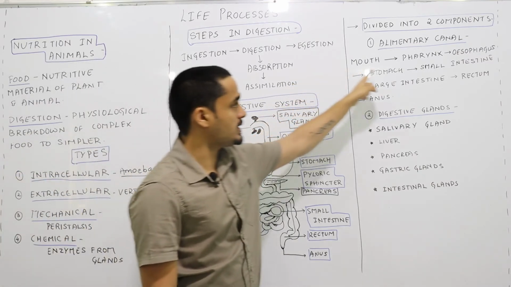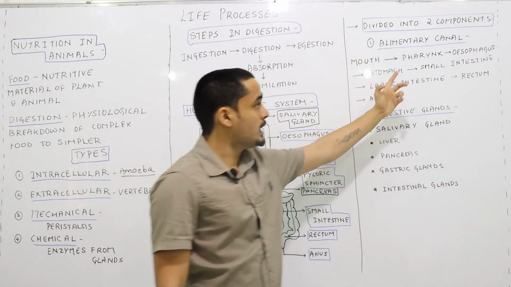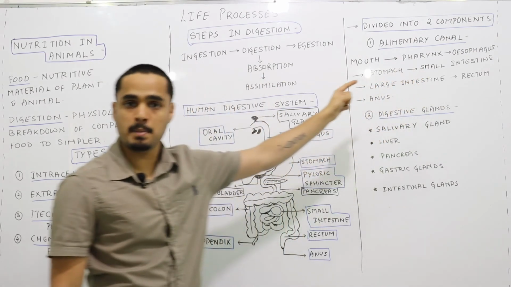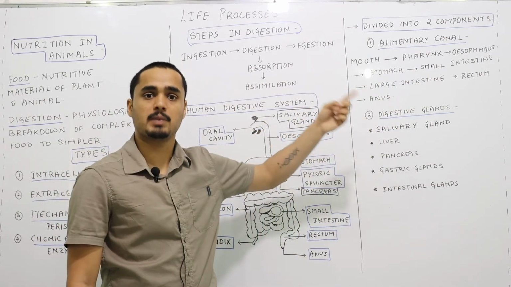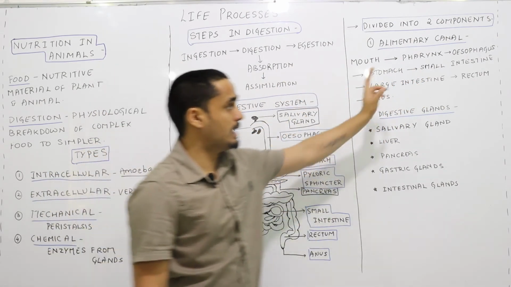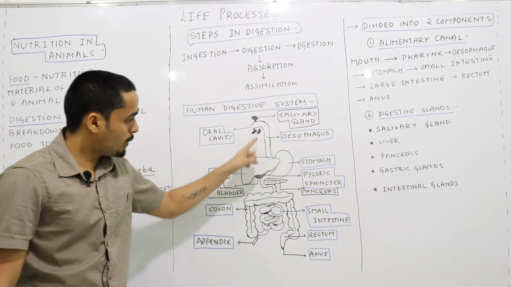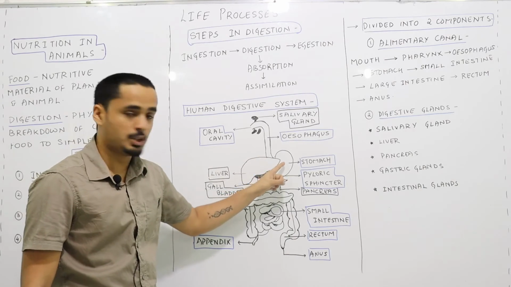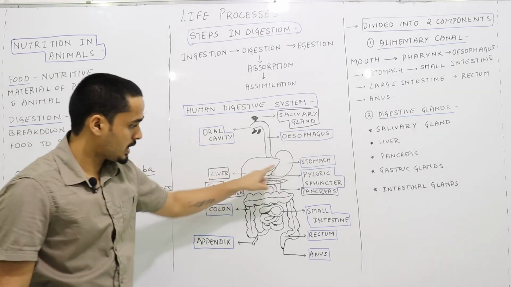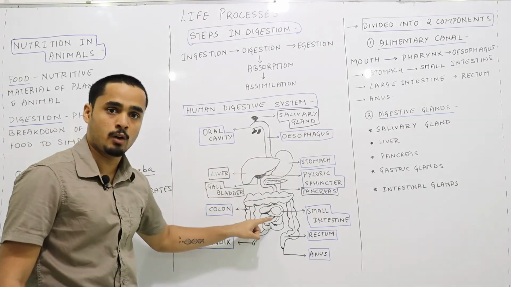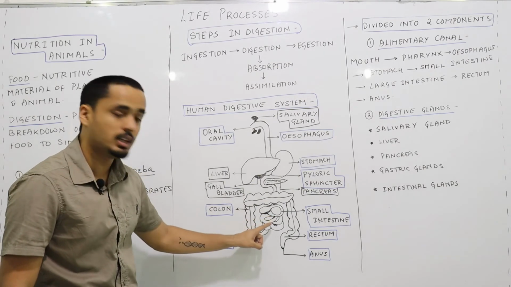Followed by that we have the esophagus, also in simpler terms called the food pipe. If you look at the sequence here, first comes the mouth and then the pharynx, which is a common passage for both the digestive system as well as the respiratory system, and then we have the esophagus, which is nothing but the food pipe. The esophagus then leads into the stomach, and from the stomach it enters a structure of coiled tube called the small intestine.